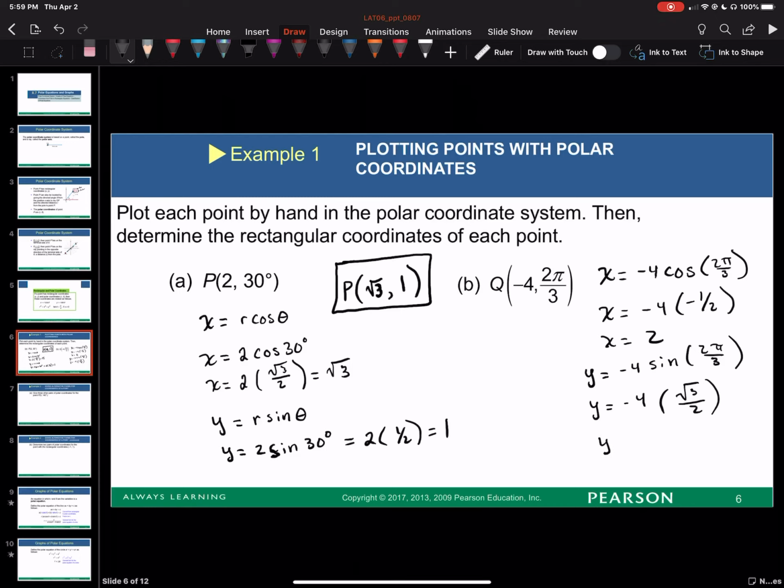So y is just equal to what? Negative 2 times the square root of 3. So I'm going to put it in a different color so we can differentiate. So it'll give me 2, negative 2 times the square root of 3.